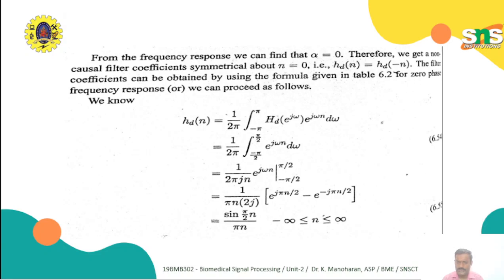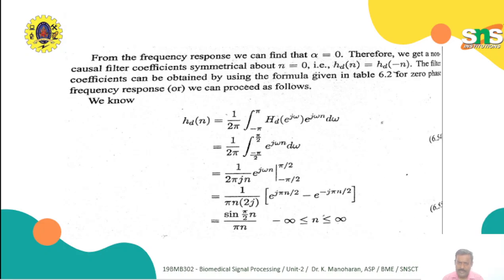Substituting the upper limit and lower limit for ω, instead of ω we substitute π/2. We get e^jπn/2. Similarly for the lower limit, minus e^−jπn/2. Now we combine these two values: e^jnπ/2 minus e^−jnπ/2 divided by 2j gives sin(nπ/2).